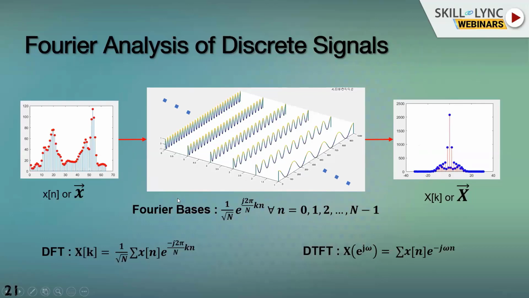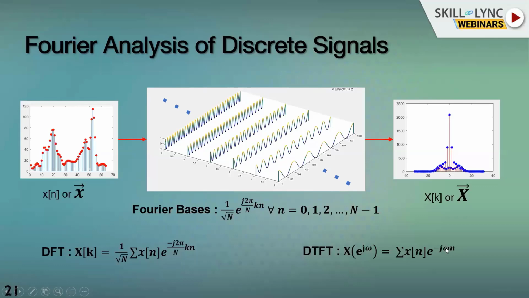I have shown the expressions of the DFT and DTFT of a discrete sequence. From the expressions, we can see that these are actually 2 pi periodic. If we replace k by k plus 2 pi, the result will not change.